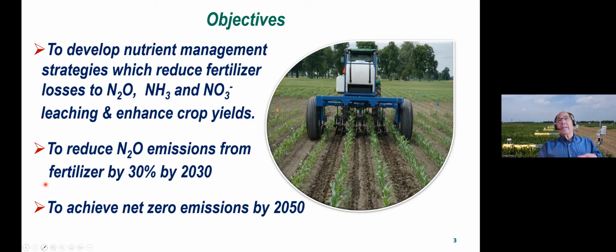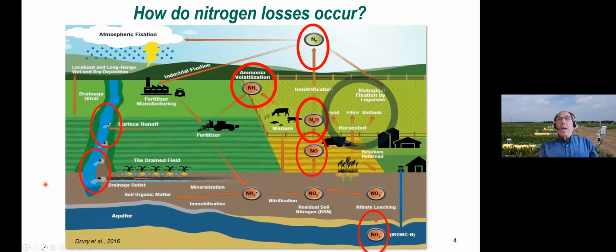I'll be discussing this and showing you some results where this is, in fact, an achievable goal if you consider the 4R nutrient management principles. Ultimately, we'd like to also achieve net zero emissions by 2050, and this will be not only managing N and greenhouse gases, but also through enhanced carbon sequestration in soils as well.